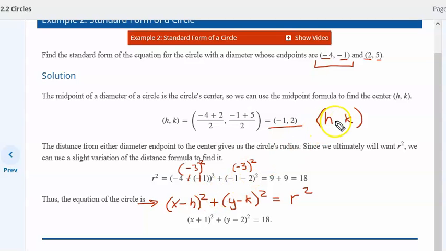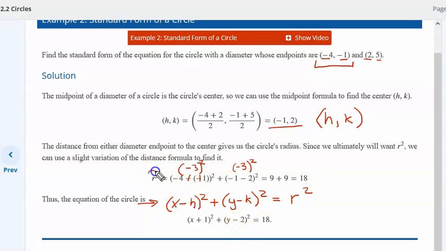So our h value is -1. Putting a -1 there, the opposite of -1 made it a +1. And then the opposite of 2 made our k value a -2.